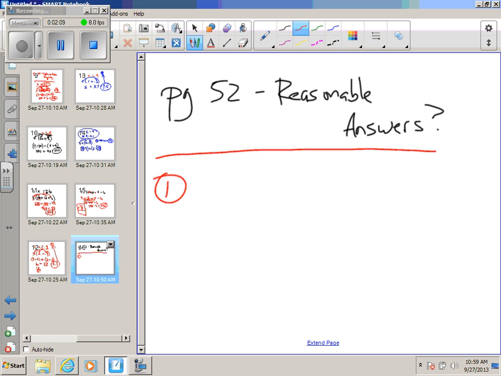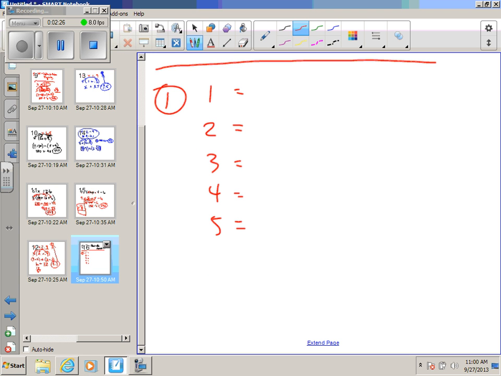Sometimes we may use estimation as a tool if the problem calls for it. So there were 5 performances. 1, 2, 3, 4, 5. So the first performance, 187. Second performance, 234.